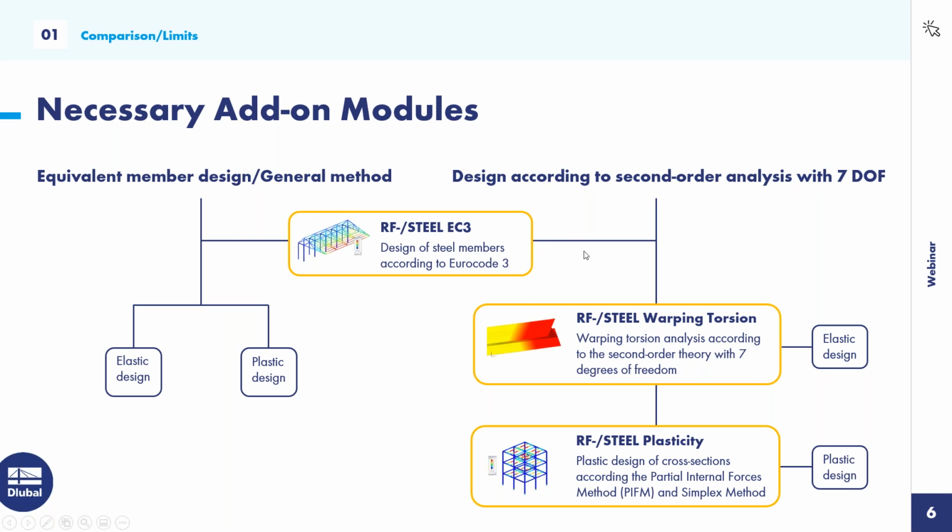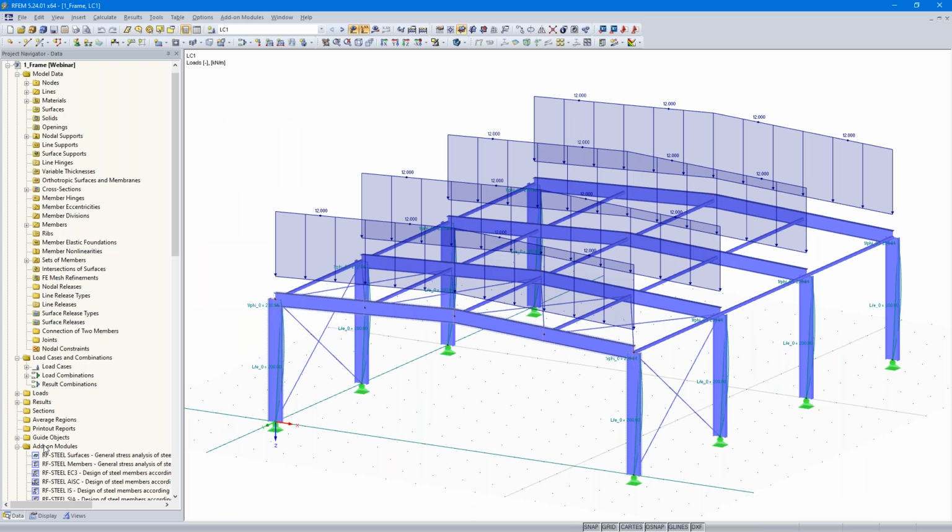For the design according to second order analysis with 7 degrees of freedom, the Steel Warping Torsion add-on module is necessary. It does an elastic design. If you want to do a plastic design, you would additionally need the Steel Plasticity add-on module. Okay, that's all for the overview.